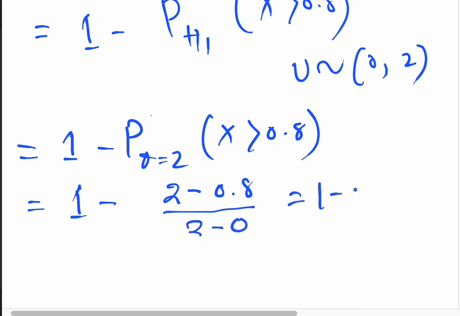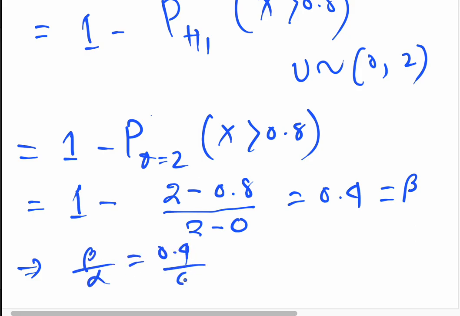This is 1 minus 2 minus 0.8 by 2. This will be 0.4. So this is beta, and alpha is 0.2. So beta by alpha is 0.4 by 0.2. So this is beta equal to 2 alpha. So that is, answer B is true.